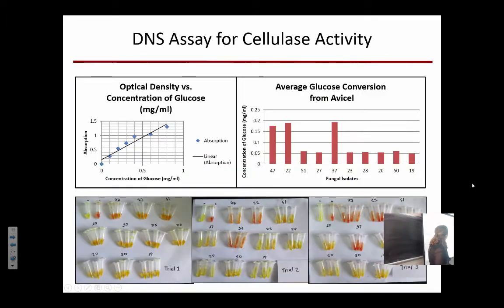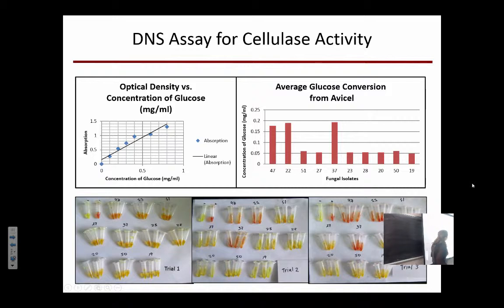But then we came up with a hypothesis that, based on the fact that sugarcane is high in cellulosic content, the causal agent for disease would be able to produce a high level of cellulase. And so I performed this dinitrosalicylic acid based assay in order to narrow it down to the top 10 highest cellulase producers out of the 137 strains that I isolated.